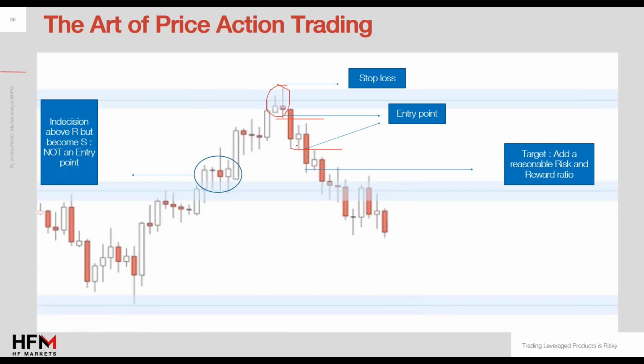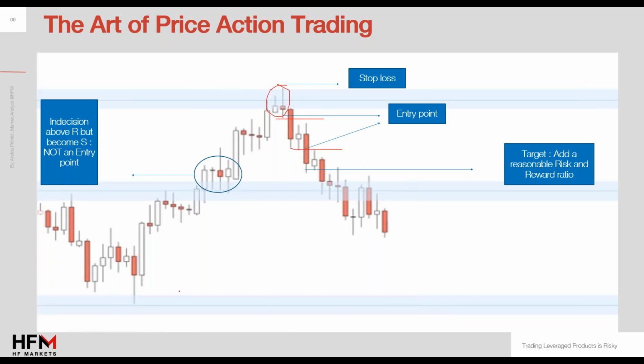So there was a renewed sell-off with stop loss above the latest high, so the latest resistance. And target in this case could be our past resistance, so this one, right?